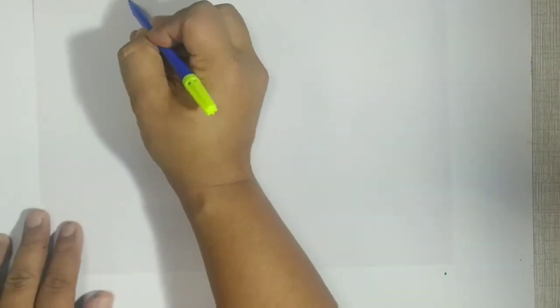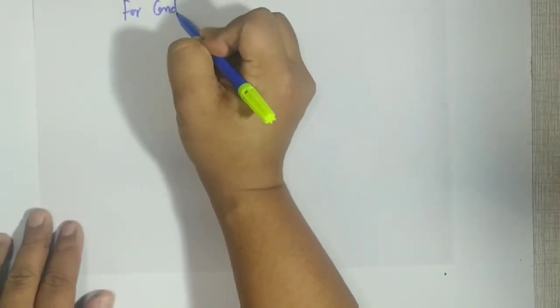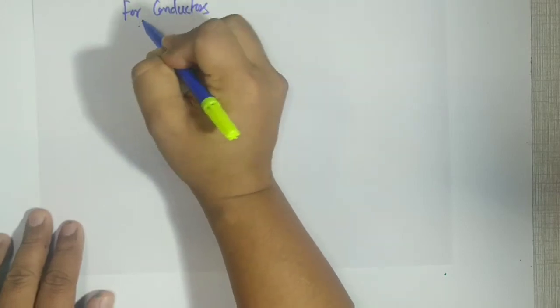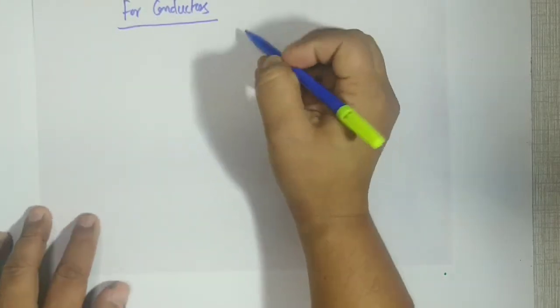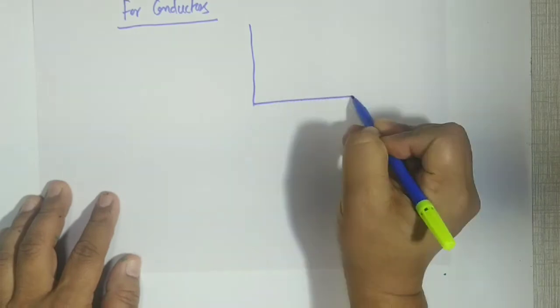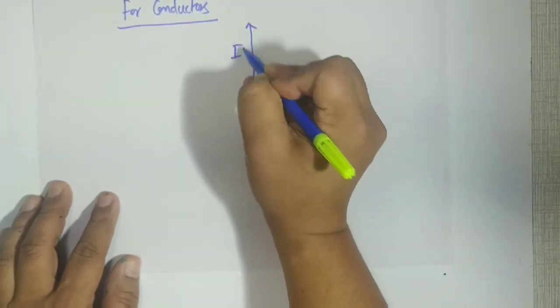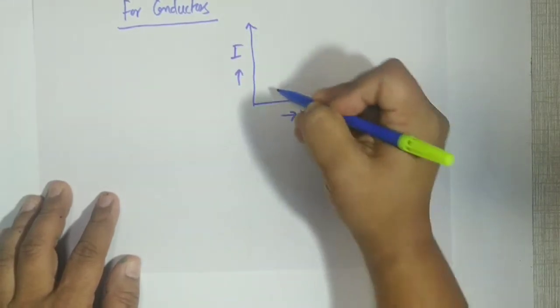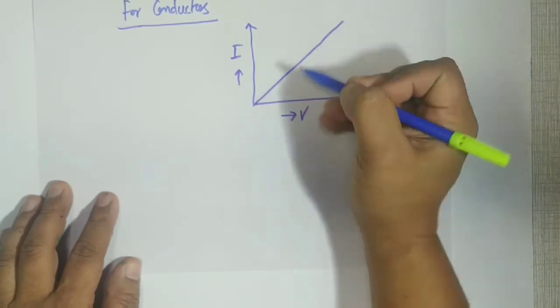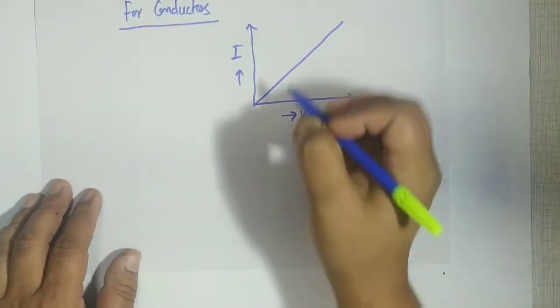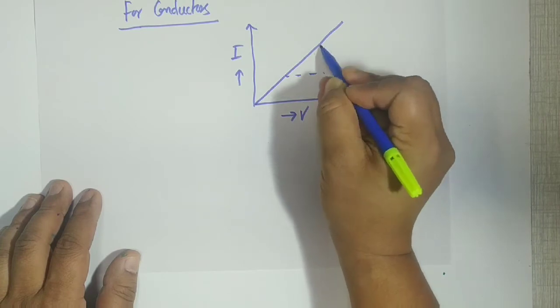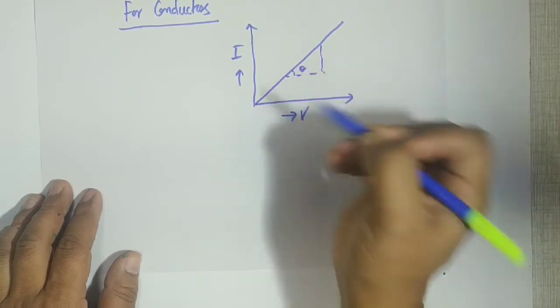So this is how we define Ohm's law. Now, Ohm's law is very important when we apply it in different types of circuits, and for conductors we know that the graph is this, I and V. Remember this is the slope of the graph.